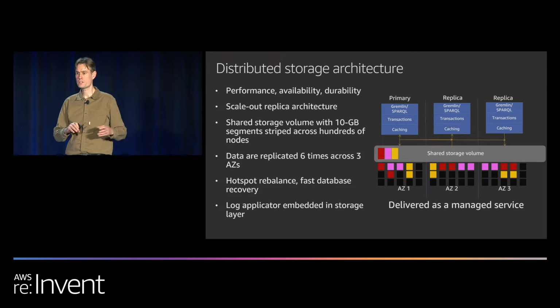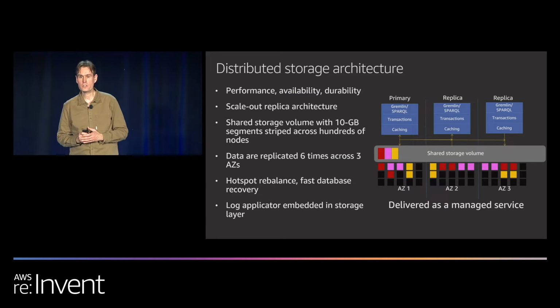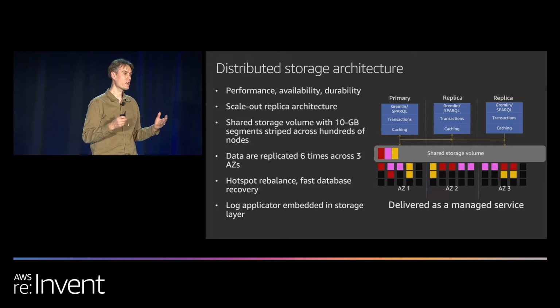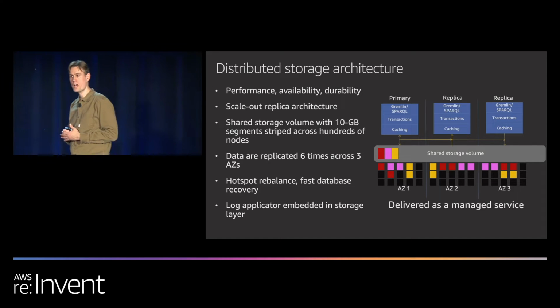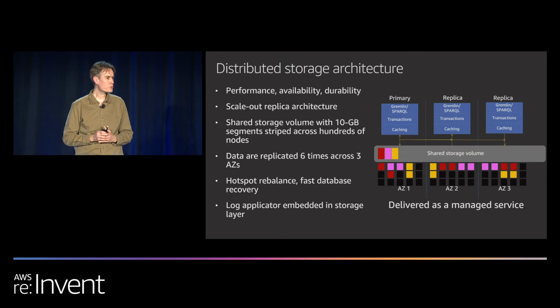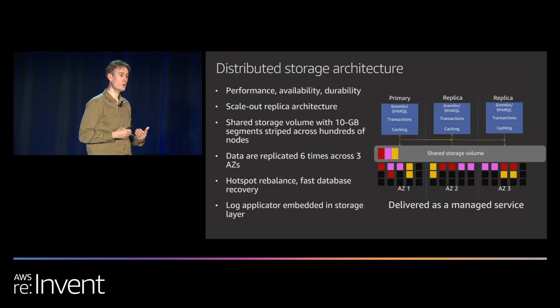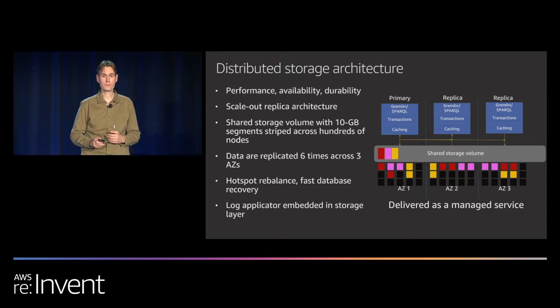The storage service, which is not something that you as a user have to manage, automatically does things like replaces failed storage nodes, takes backups and snapshots. Today, the storage segments can grow to a size of up to 64 terabytes. And in our testing, that translates into a graph of somewhere between 100 billion and 200 billion nodes, edges, and properties, or triples in the RDF sense.